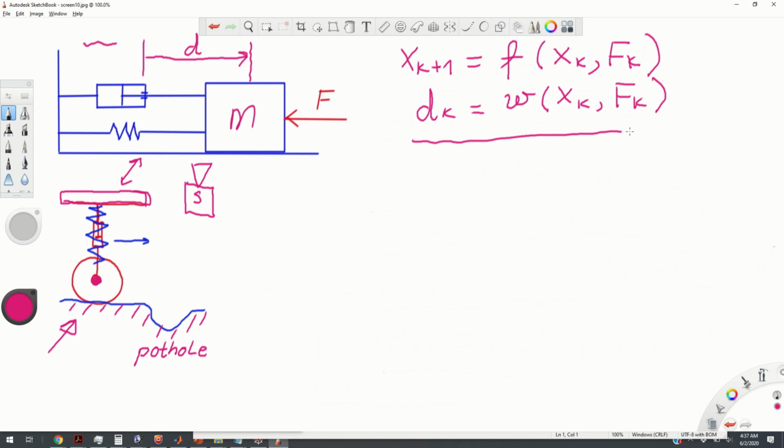Now, what you can see over here are two nonlinear functions, in general case f and w. These nonlinear functions, for example, f has as its arguments xk and Fk. F is the force at time instant k, and what is xk? Well, xk is the state of your system.